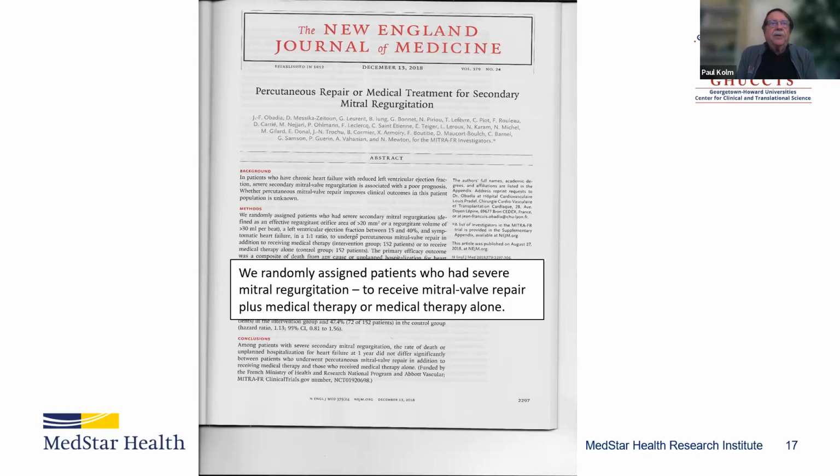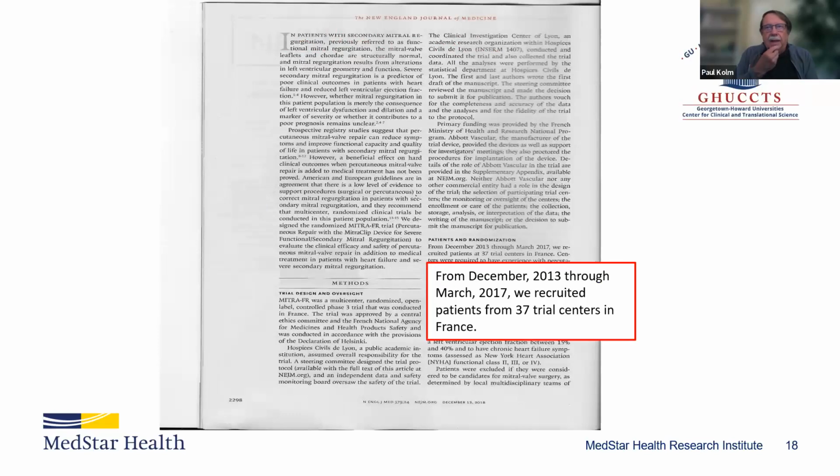They had severe mitral regurgitation, and then it was either mitral valve repair plus medical therapy as the treatment group, and they're comparing it to medical therapy alone. They had a good number of patients. They recruited patients from 37 different institutions, and this was done in France.